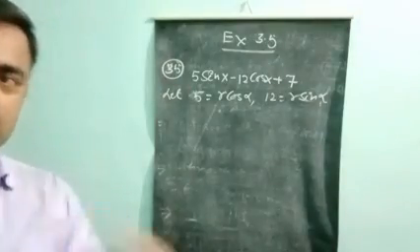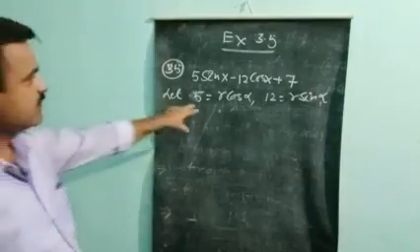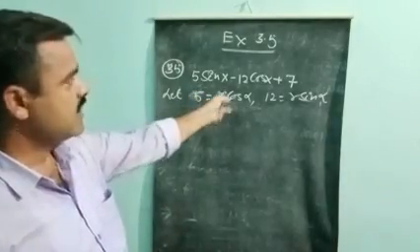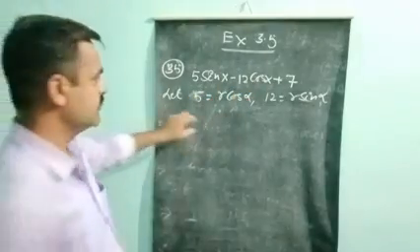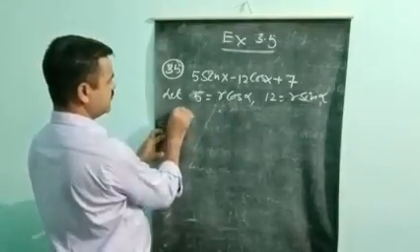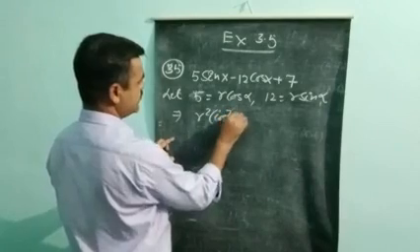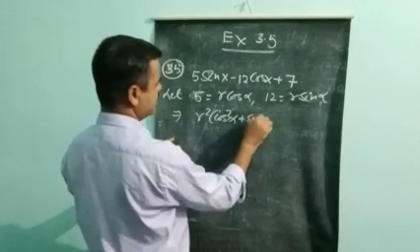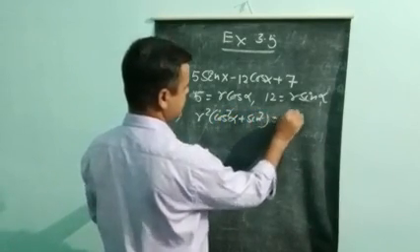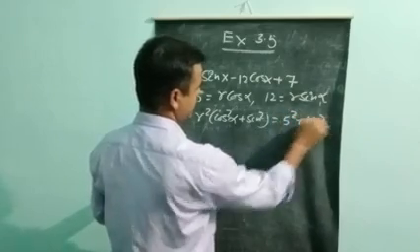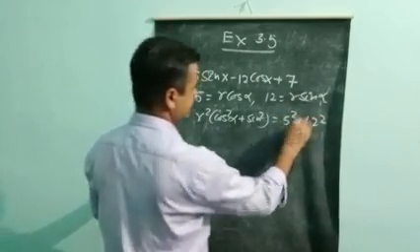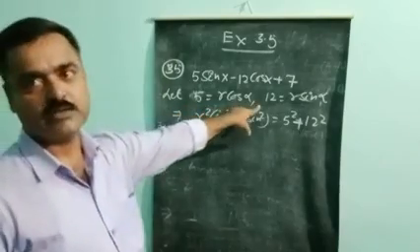So just see here what I am going to do. First of all, square and sum these two terms. If you square, then we get r square times cos square alpha plus sin square alpha equal 5 square plus 12 square.